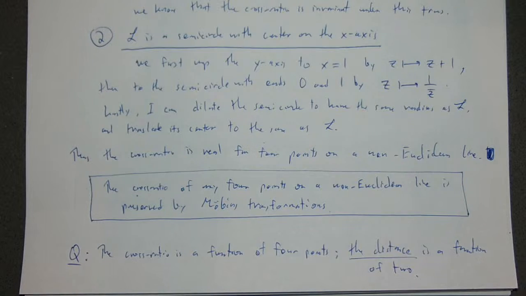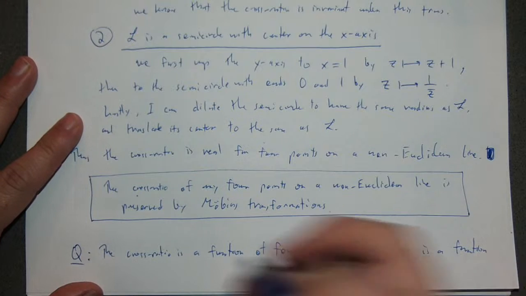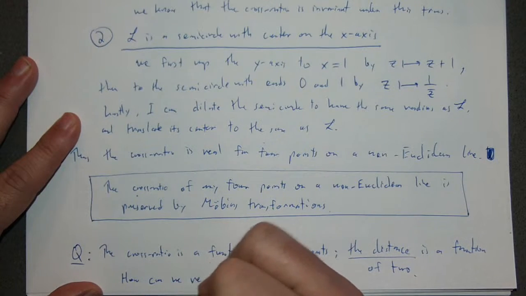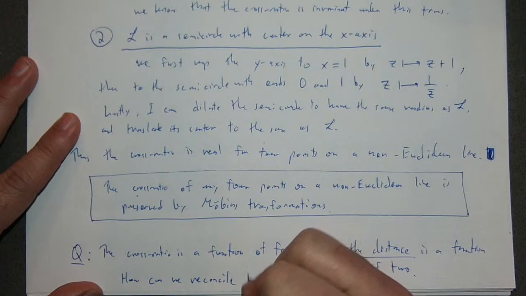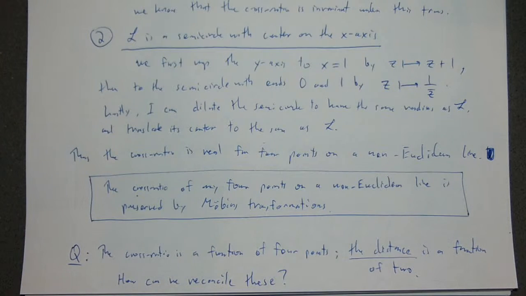Not 4, right? And so how do you make sense of that? How can we reconcile these?